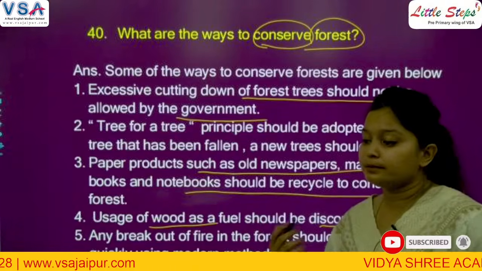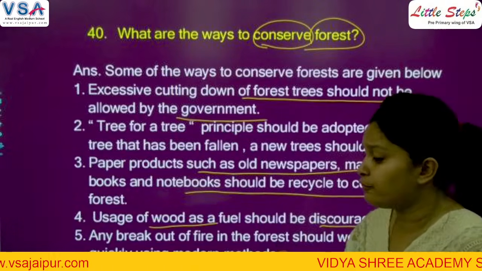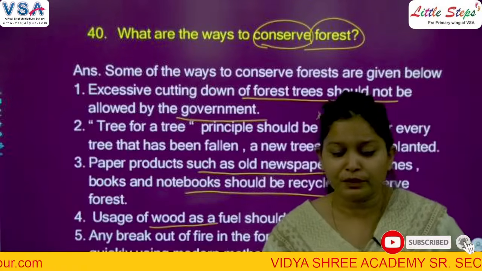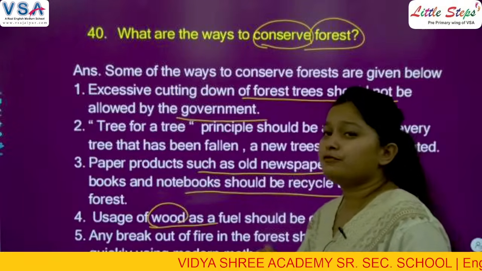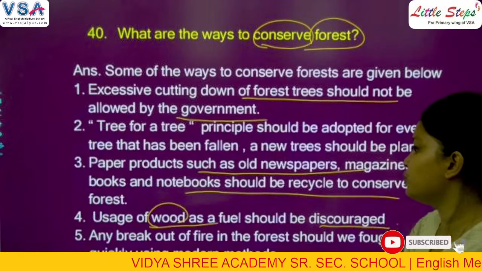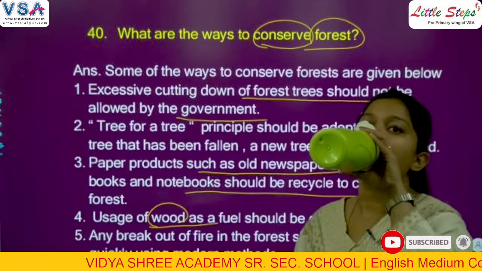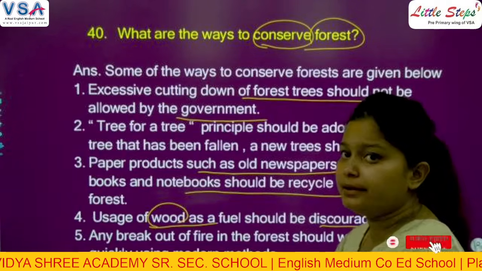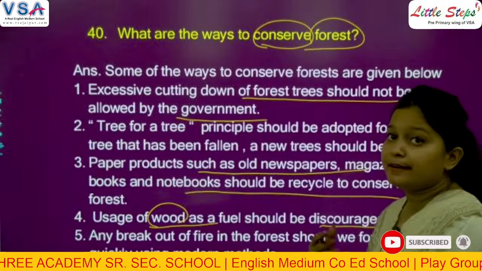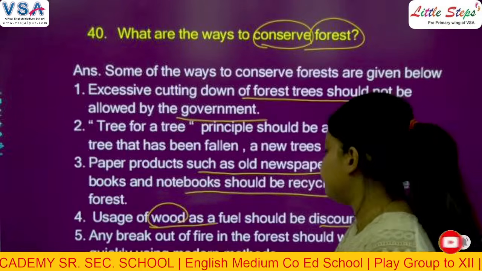In ancient times, and a few people nowadays also, use wood for cooking food as a fuel. They need to stop doing that because it is not required. We have other ways of cooking food.